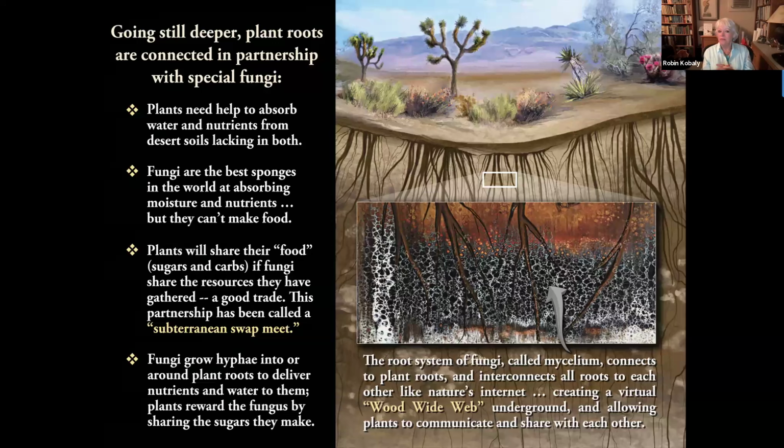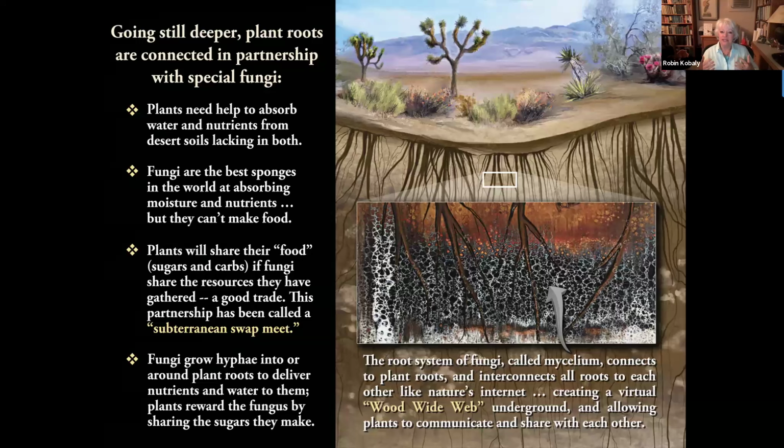We know this from studies where they have injected labeled radioactive water, like tritium, into one plant with a hypodermic needle, and then pulled water with another needle out of a nearby plant, maybe 20 feet away, and seen how long it takes for the radioactive water to get from one plant down to the roots underneath and back up to an adjacent plant.